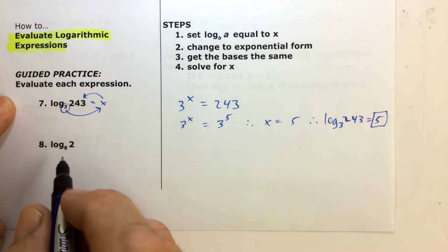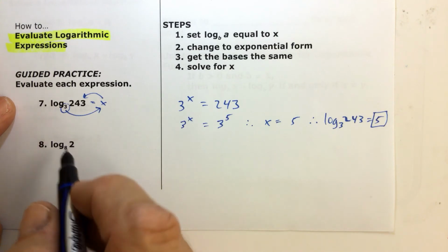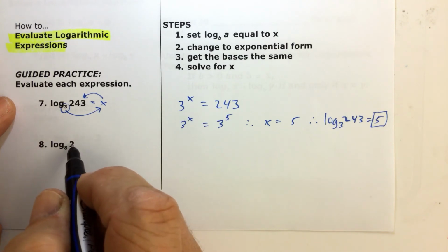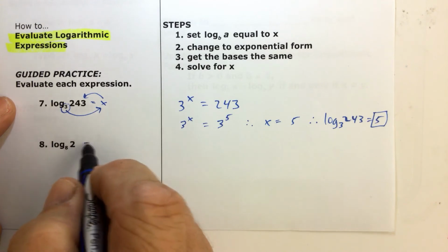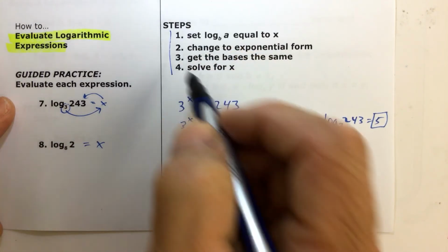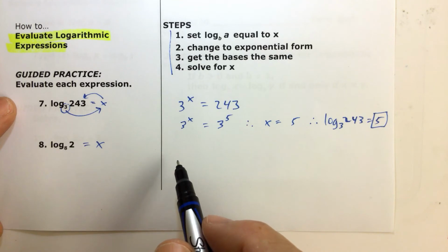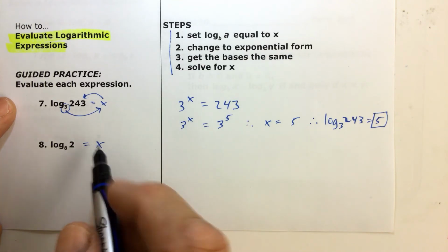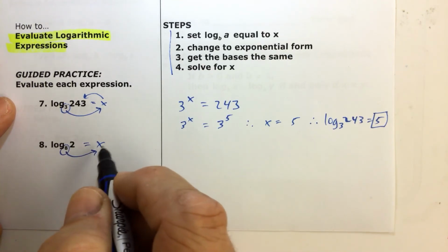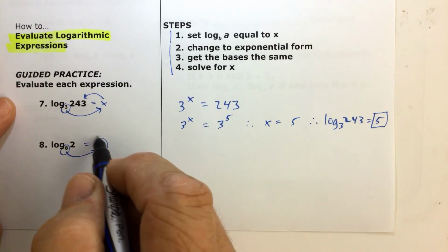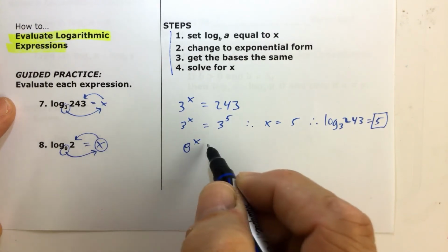And now we do the same over here. Now this one isn't as obvious because the base is smaller than the answer, and so we still let it equal x. Those are in fact the steps that we just went through. You set the log equal to x, and we're trying to figure out 8 raised to what power is equal to 2. So we write that exponentially.